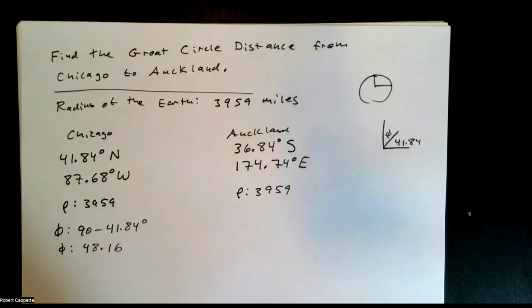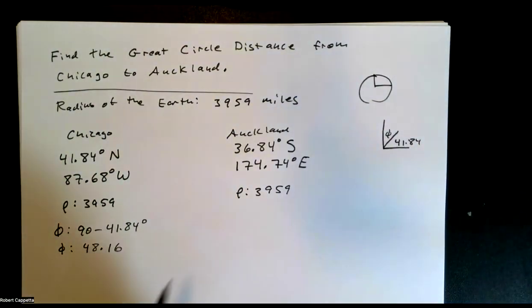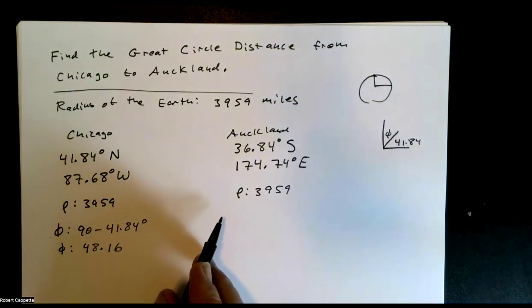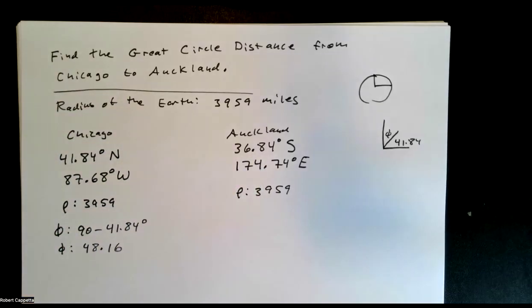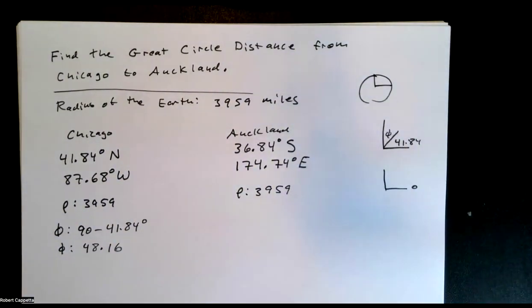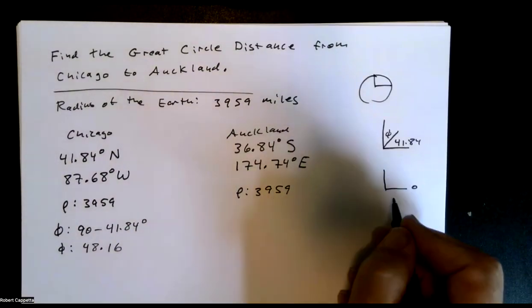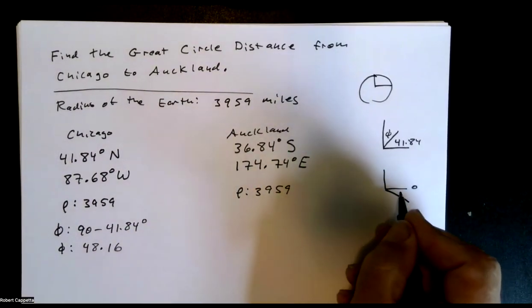And then as we jump over to Auckland, what do we have to understand? Auckland is in the southern hemisphere, and that's 36.84 degrees south. So how do we make sense of that? 0 degrees is at the equator, and we need to go another 36.84 degrees here.